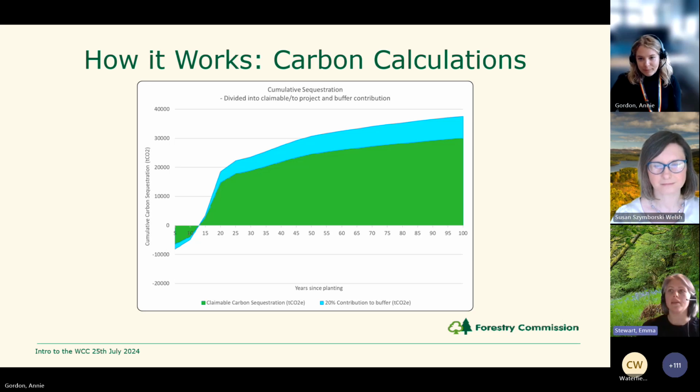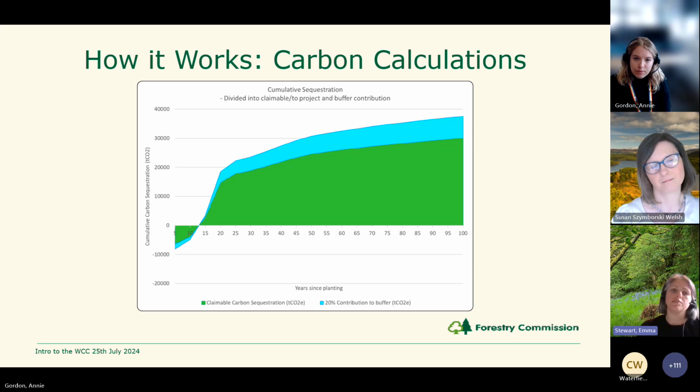Thanks very much, Annie. So I'm just going to talk a bit more about how the Woodland Carbon Code really works and get into the nitty-gritty a bit more. Before you plant a woodland, you will need to calculate its carbon sequestration potential.